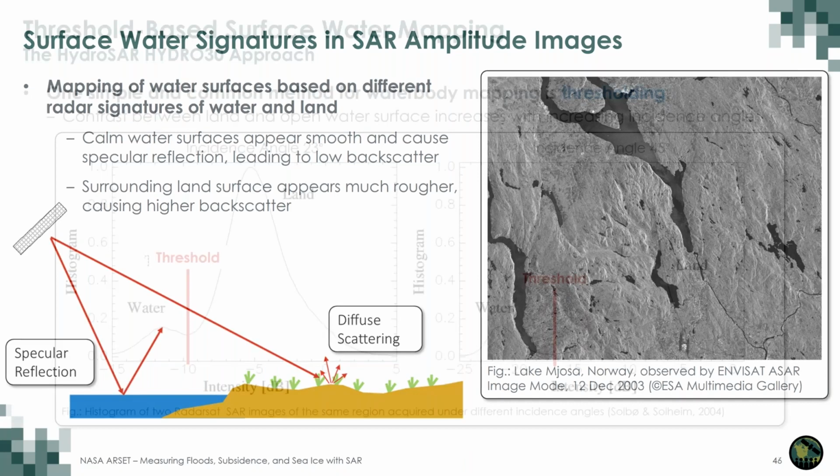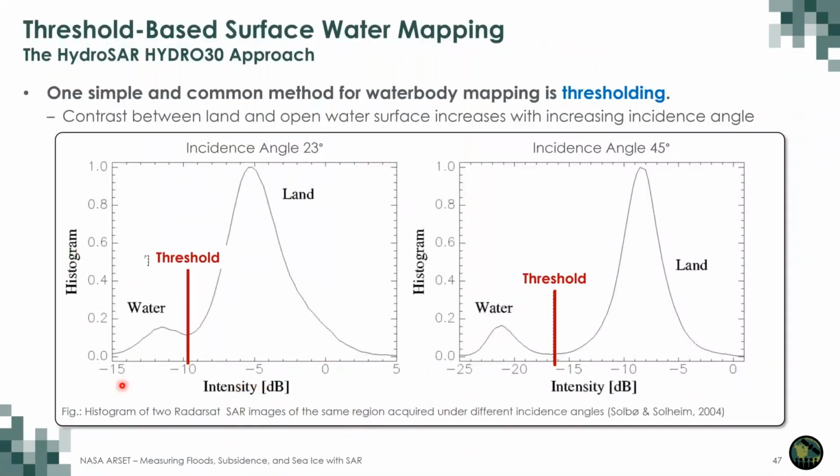A very simple way of doing this is using a thresholding technique. What we are counting on is that if we create histograms from SAR images, a histogram is basically a bar chart where for every radar brightness value, we count the number of pixels that are characterized by this particular brightness value.